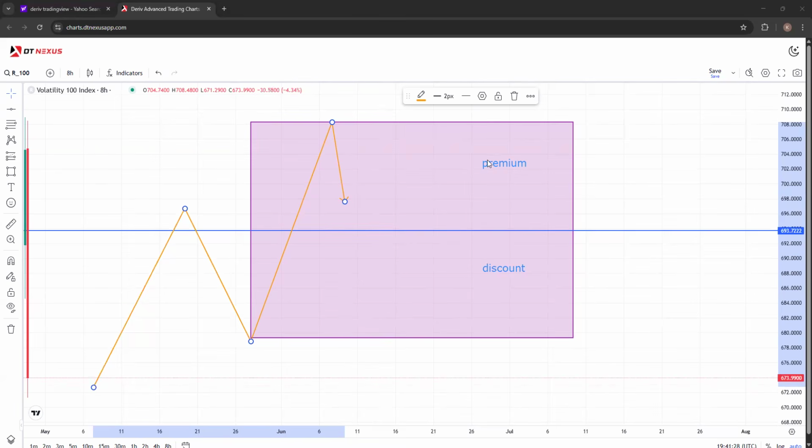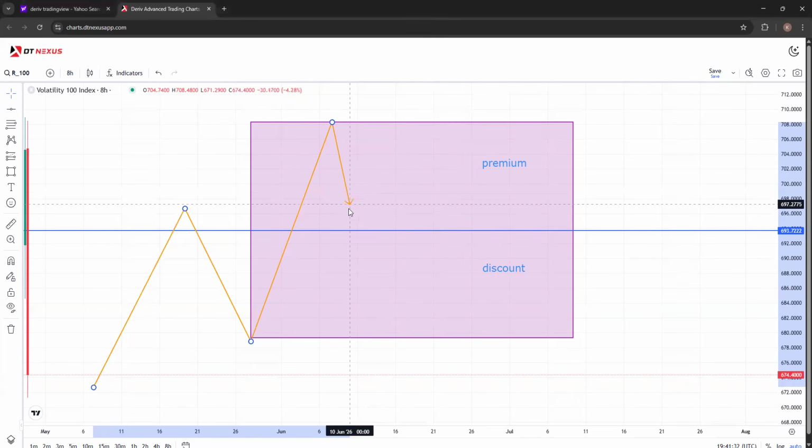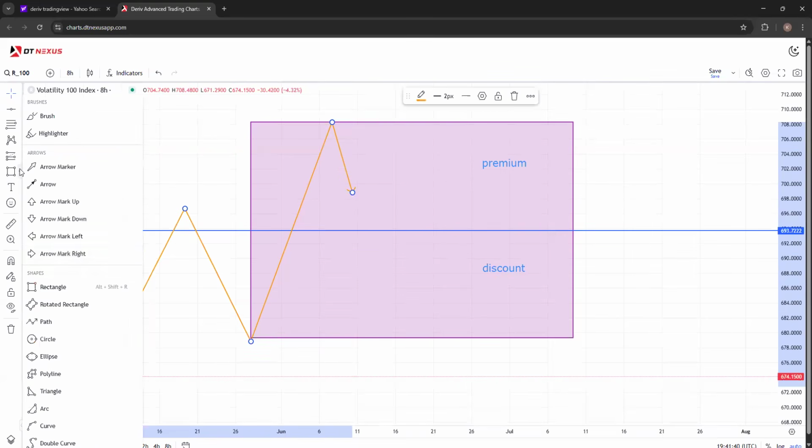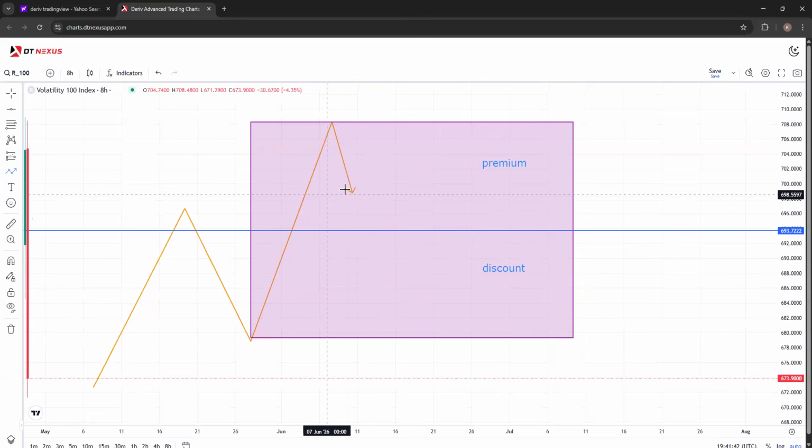Right. So what you see is they don't surpass that 50%. Rather, they can just retrace maybe 20, 30% and they go up. As time goes on, we'll start learning about gaps, right?